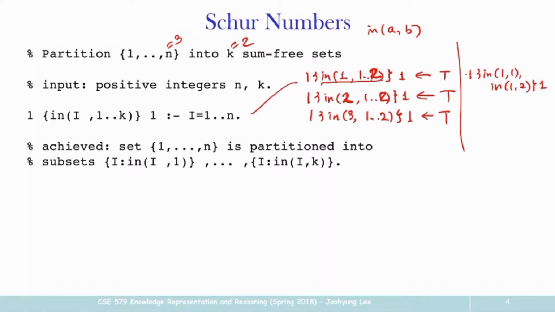So in(a,b) means the number a is in the bucket b. So you have numbers, and you put the numbers in the buckets. Let me actually expand this. Here you have three numbers 1, 2, 3, and you have to place those in the two buckets, bucket 1 and bucket 2.